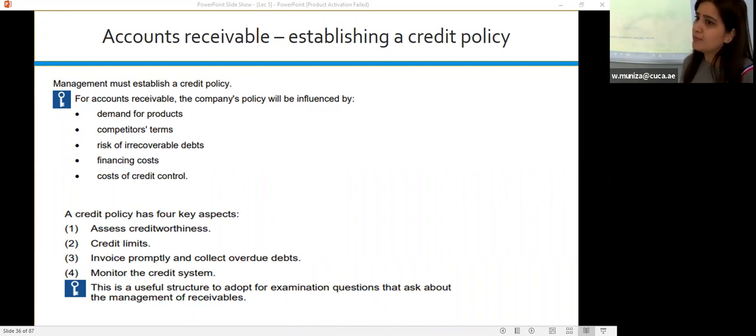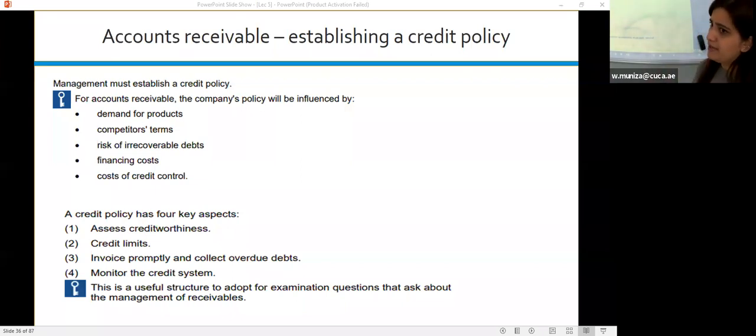If the demand for the products is more, then even if the credit policy is going to be tightened, the demand is going to be affected to a lesser extent. If very strong terms are there from the competitor side, and even if you also are limiting the credit limit, the demand of your products will be lesser. Profitability is going to be decreased.